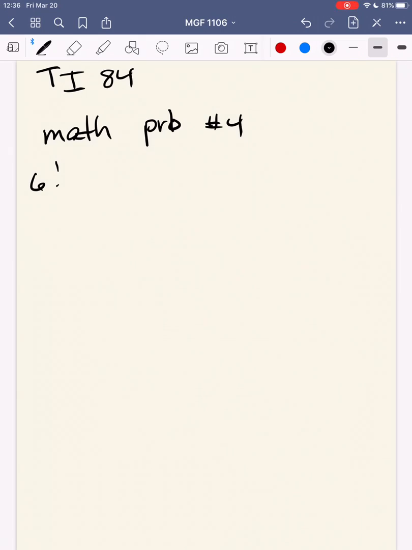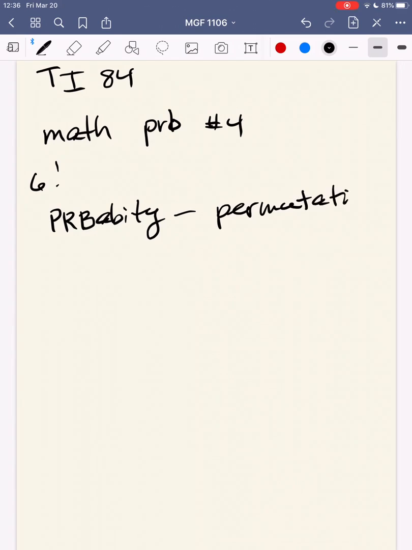If you want a permutation, you need to put your n in, then go to math, probability, PRB, and put the number of items in.